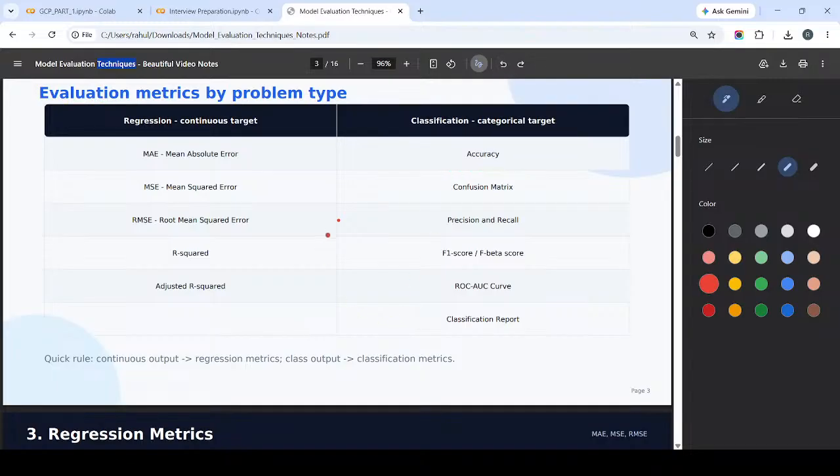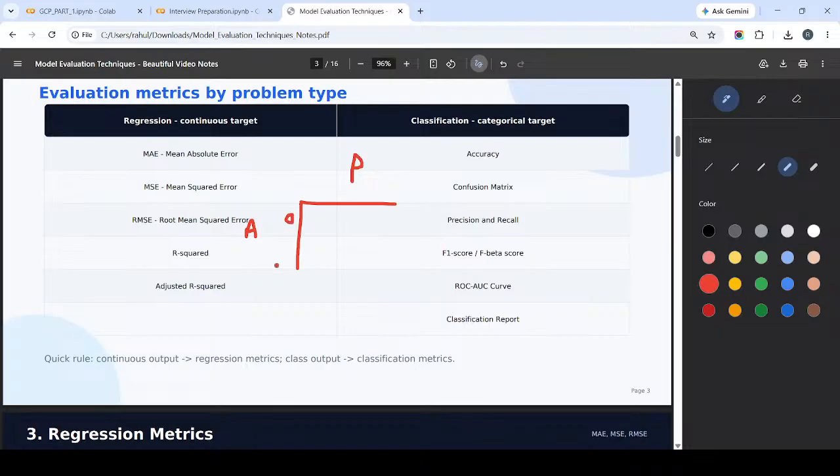Now comes the confusion matrix. So what happens in a confusion matrix? We create one matrix. Here we have actual values, and here we have predicted values.